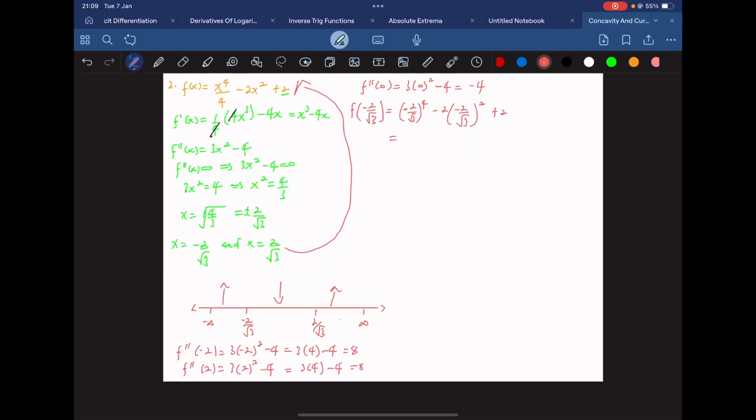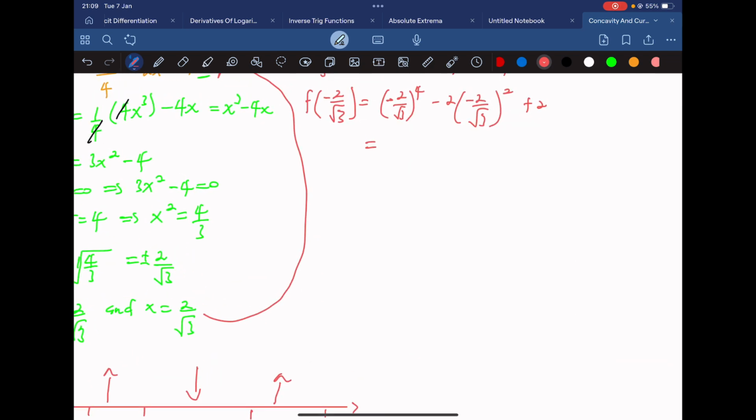If you do that, negative 2 to the exponent of 4 is positive 16, then root 3 to the exponent of 4 is 9. Negative 2 to the exponent of 2 is positive 4. Root 3 to the exponent of 2 is just 3, plus 2. So this is 16 out of 9 minus 8 out of 3 plus 2. So this will just simplify to 10 out of 9.